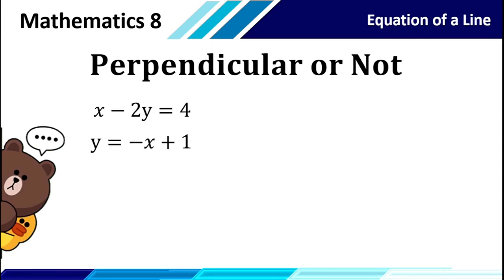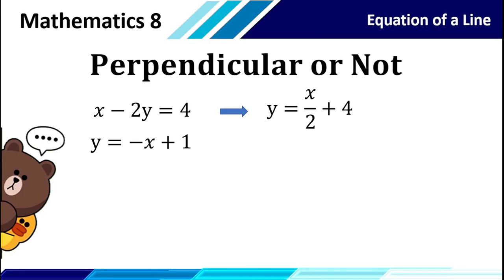So we have here x minus 2y equals 4 and y equals negative x plus 1. Again, for us to easily find the slope, let's convert all the equations into slope-intercept form. When we convert x minus 2y equals 4, we will have y equals x over 2 minus 2.